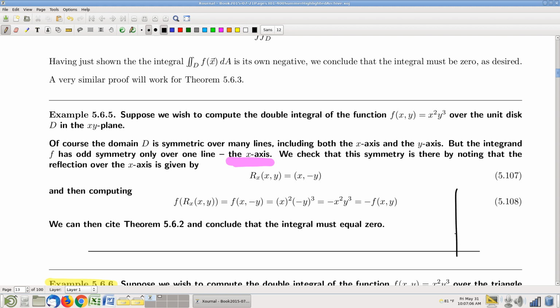There's our picture, and if I have a point x comma y, reflection over that x-axis yields that point. It's not hard to see that the point x comma y, when you reflect it, the reflected image is going to have the same x coordinate, but the y coordinate is going to be the negative of what it had been.